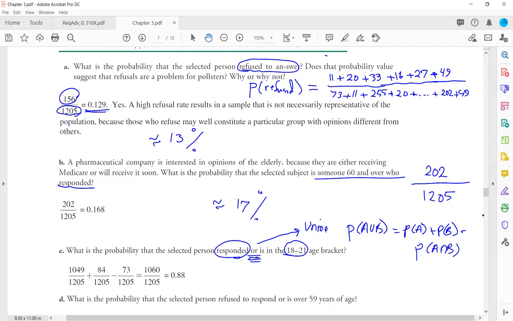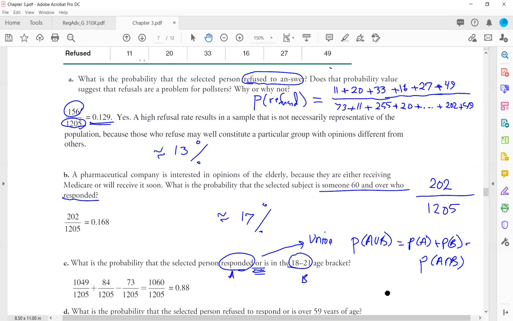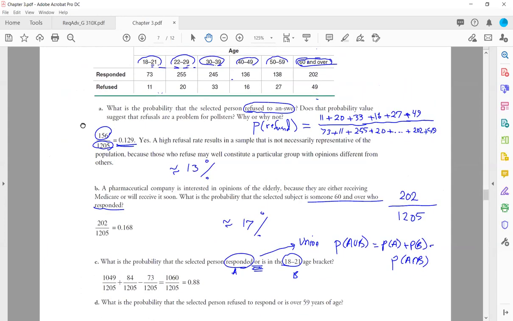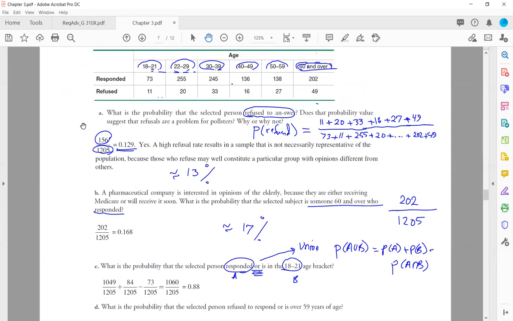Okay, what is A? A is responded. What is B? B is belonging to age bracket 18 to 21. So P of A, responded. How many responded in this collection? 73, 255, 245, 136, 138, 202.